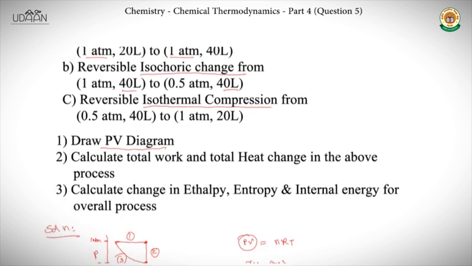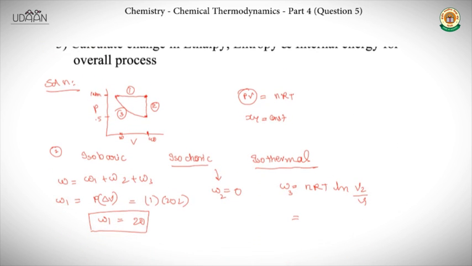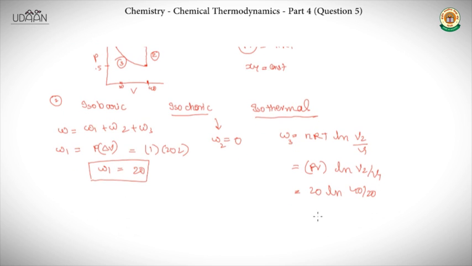But we know for any ideal gas PV equal to nRT. So replace it by PV into ln V2 by V1. We know the product PV is 20, into ln of final volume 40 over initial 20. So it will be 20 ln 2.